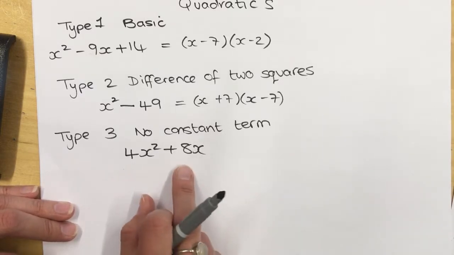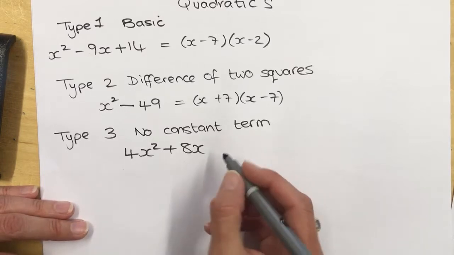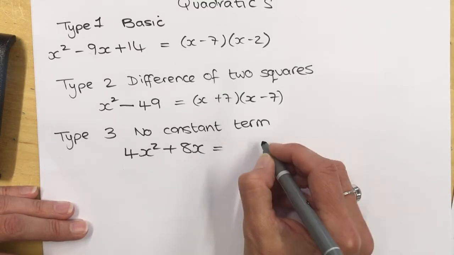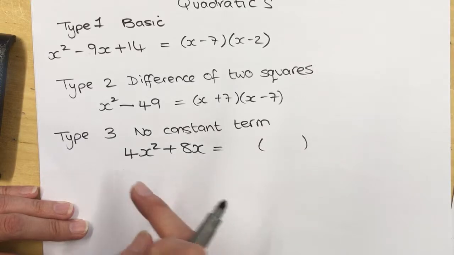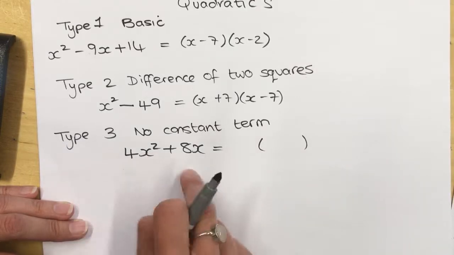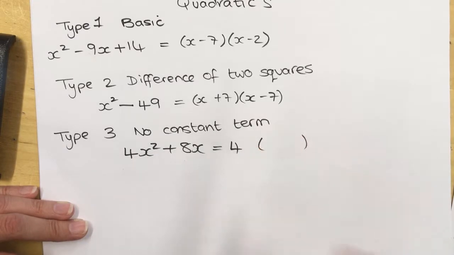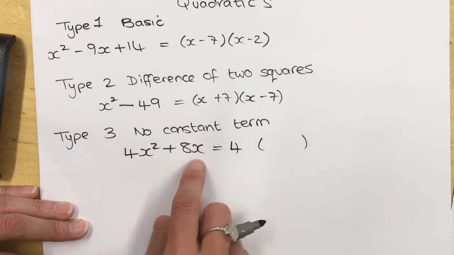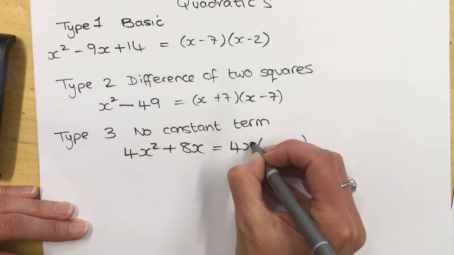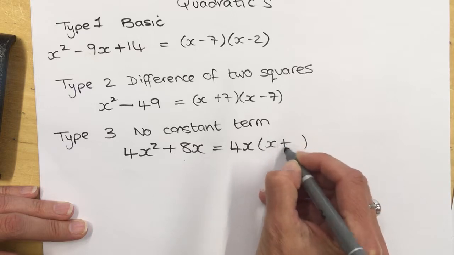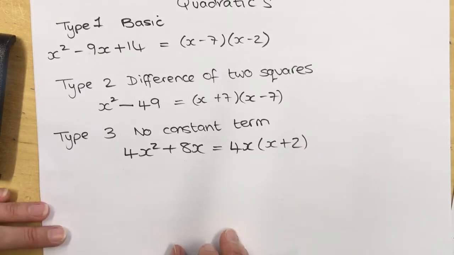So this is the 3rd type we're looking for. And when we see this type, we only have 1 bracket. And we are taking factors out of the numbers, so the highest common factor of 4 and 8, which is 4, and the highest factor of the letter that we can take out is x. So what's left in there is x plus 2. So that's type number 3.